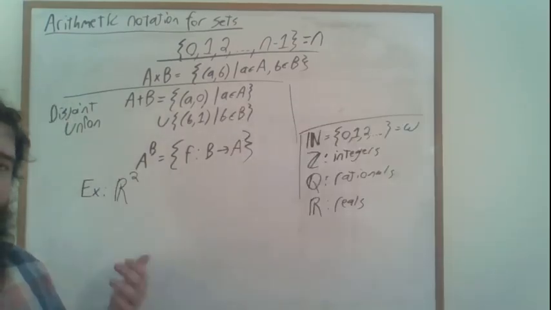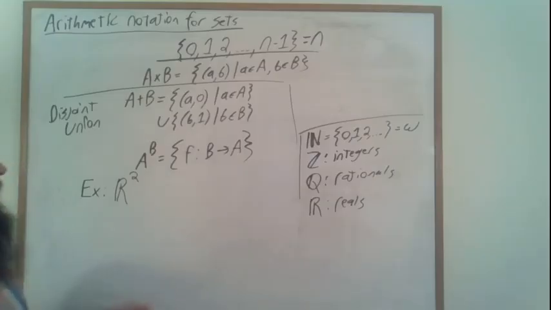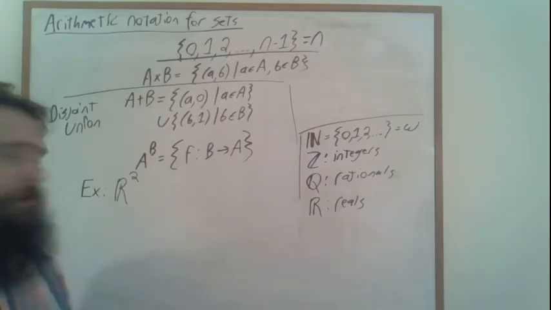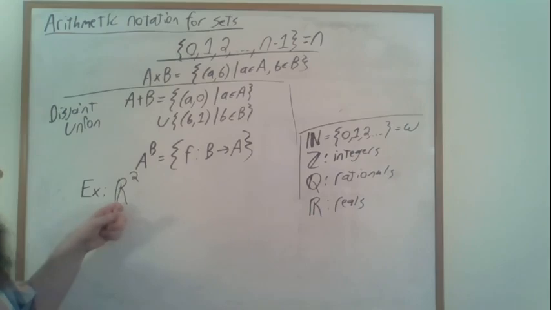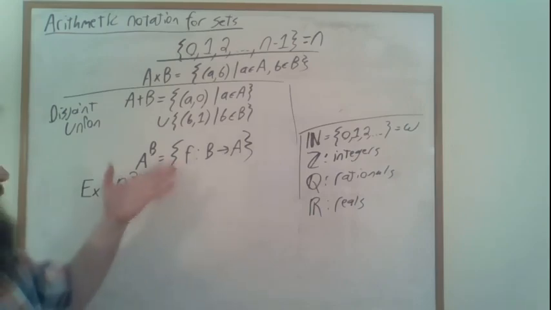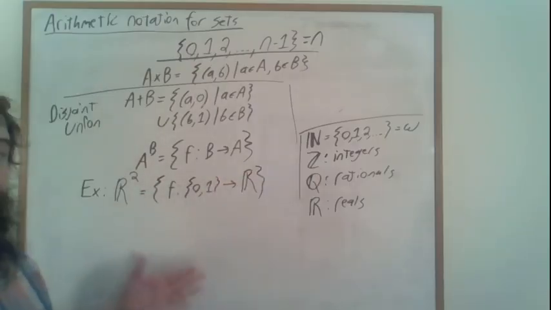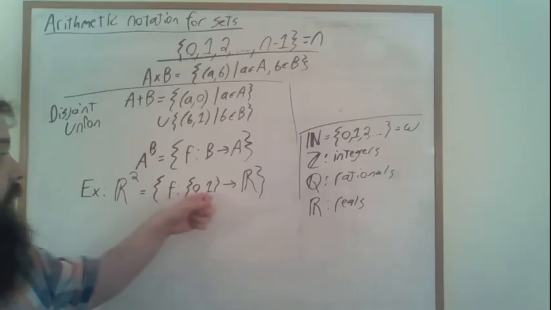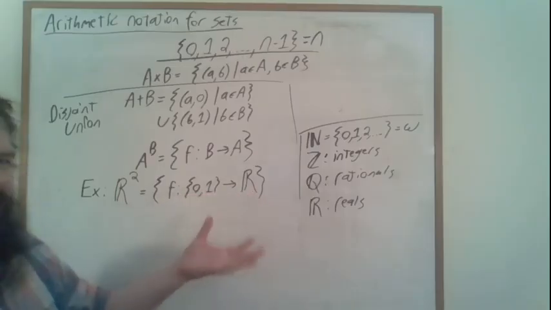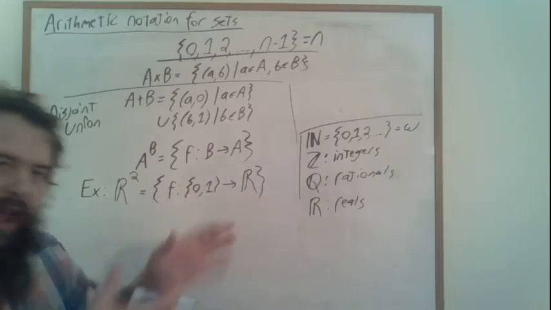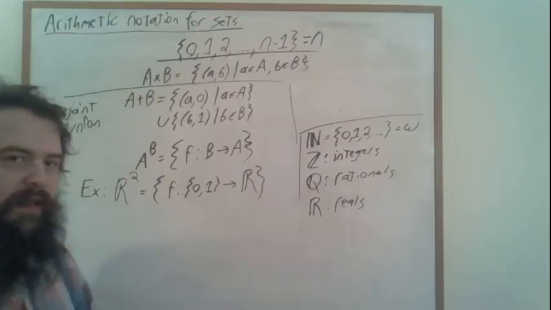More likely than R cross R, you've probably seen the two-dimensional real vector space be denoted as R^2. And this, in this notation, means the set of all functions from the set {0, 1} to R. And this is slightly different, but there's a natural correspondence between these things, right?